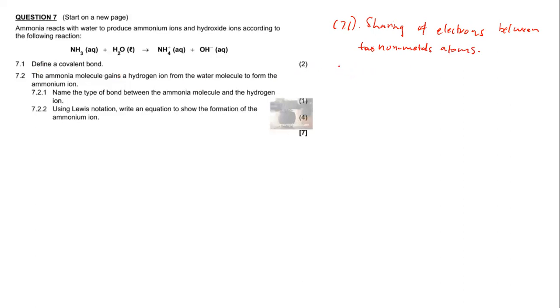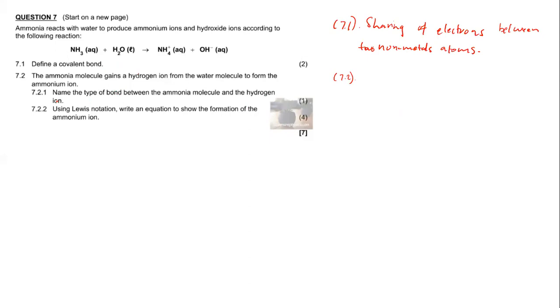Now we move to 7.2. Now 7.2 reads as follows. It says to us, the ammonia molecule gains a hydrogen ion from the water molecule to form the ammonium ion, as we discussed from this chemical reaction.